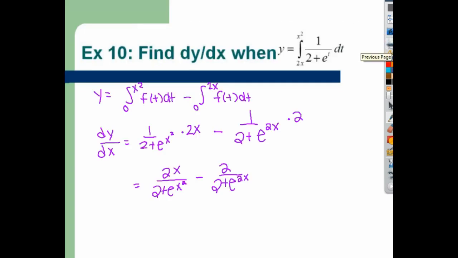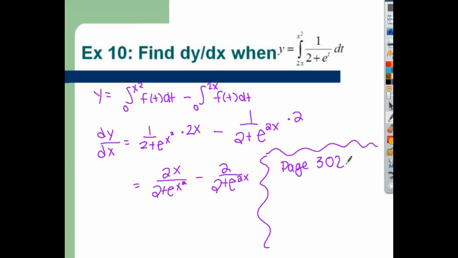Your homework is actually back in our real textbook. And I actually wrote down the page number for once.